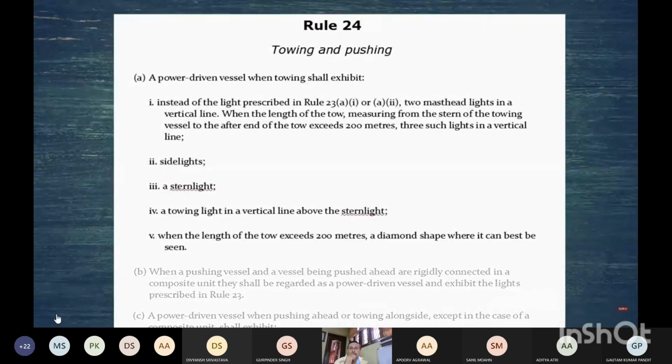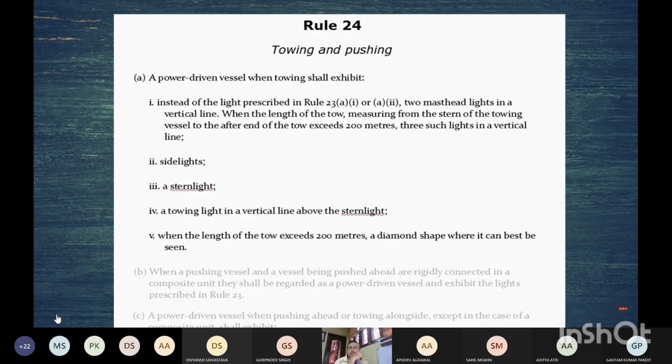So Rule 24, towing and pushing. It starts off by talking about what a power-driven vessel, while towing, needs to exhibit. And it says instead of the lights prescribed in Rule 23(a)(i) and (ii), and Rule 23 of course is the lights of a power-driven vessel. If you haven't looked at that video already, I would go back and check it out first.